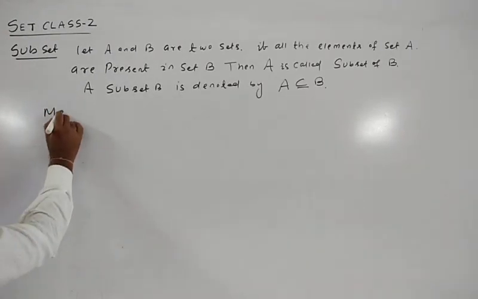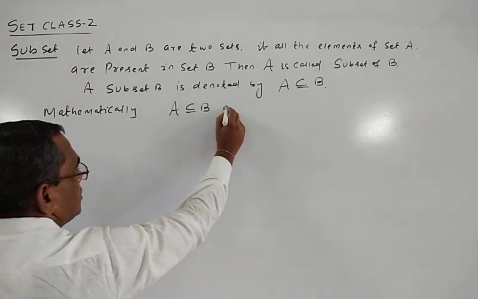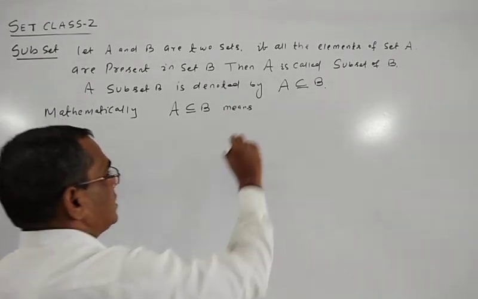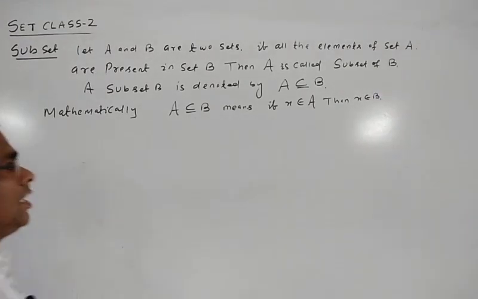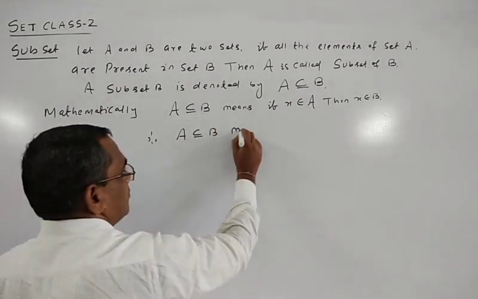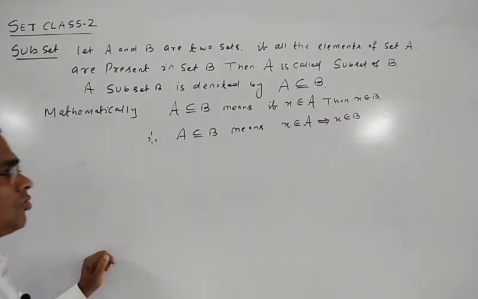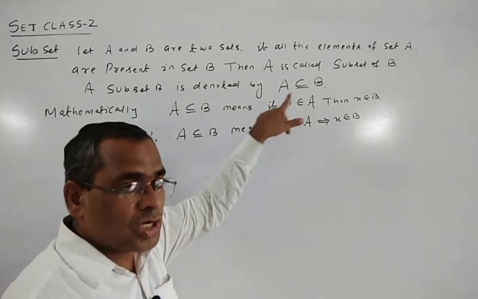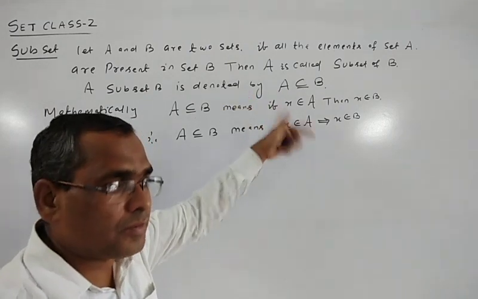Mathematically, A subset B means if x belongs to A, then x belongs to B. So A subset B means x belongs to A implies x belongs to B. Implies means if x belongs to A, then x belongs to B. So A subset B means all the elements of set A are present in set B.